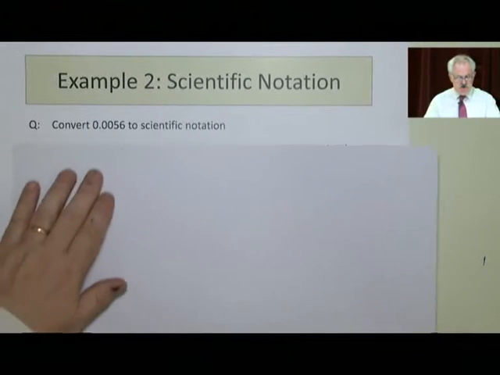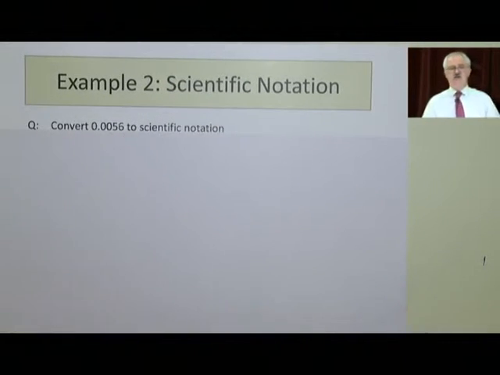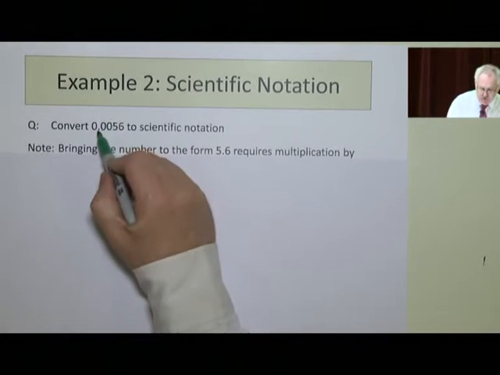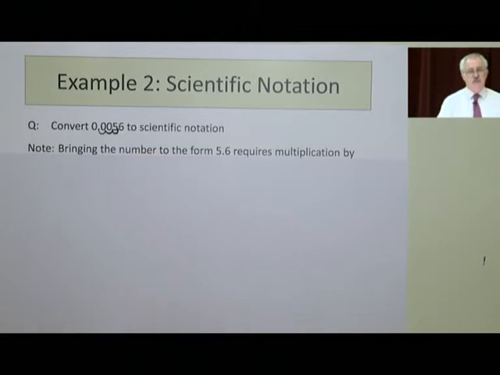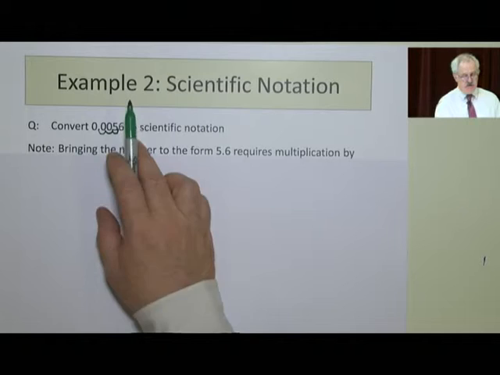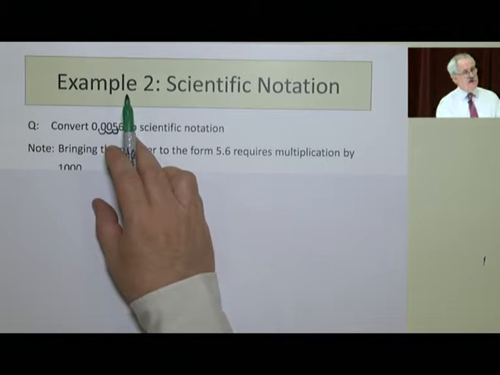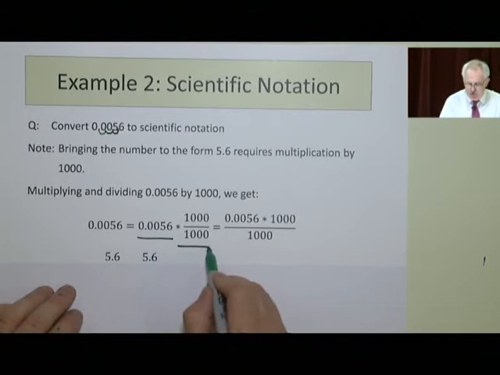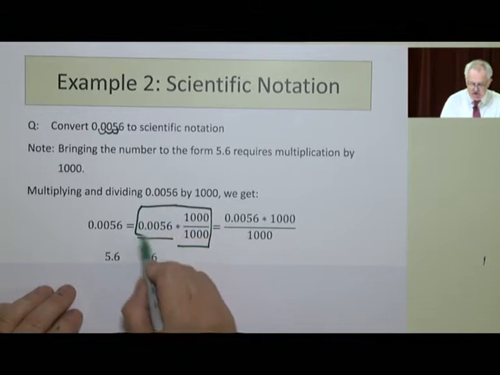I've been asked to convert 0.0056 to scientific notation. Don't like it. I'd have to move it once, twice, 3 times to get 5 point something. 3 times means 1,000. So I'm going to multiply by 1,000 and divide by 1,000. So here I have the number, and I'm multiplying and dividing by 1,000.